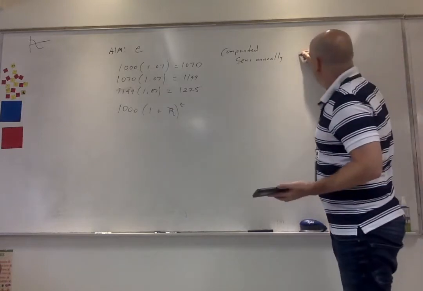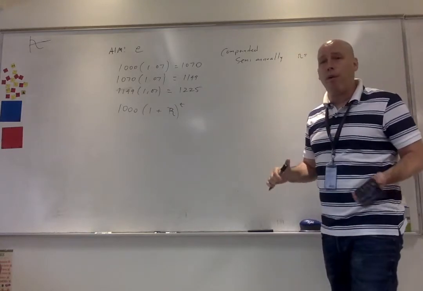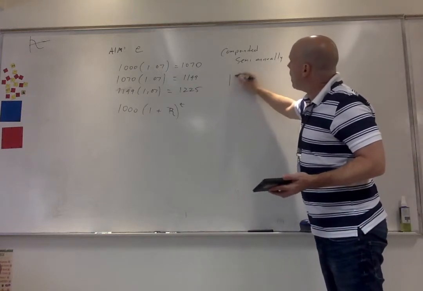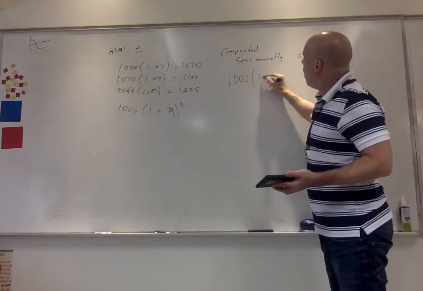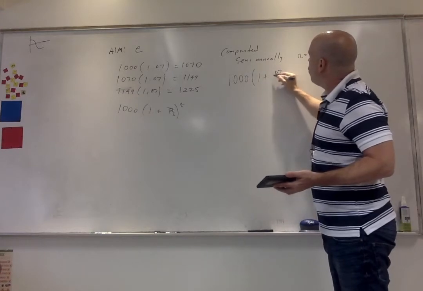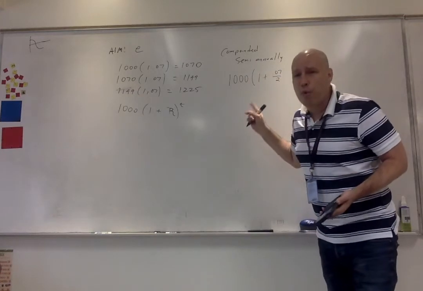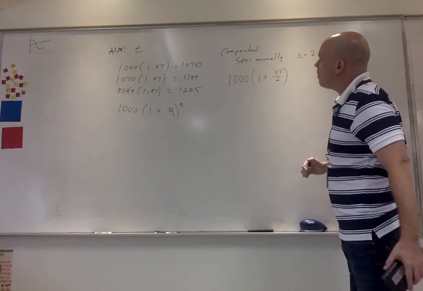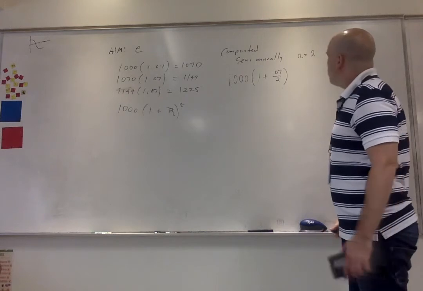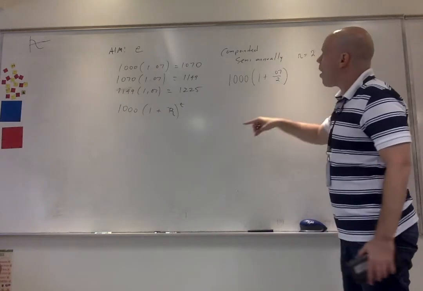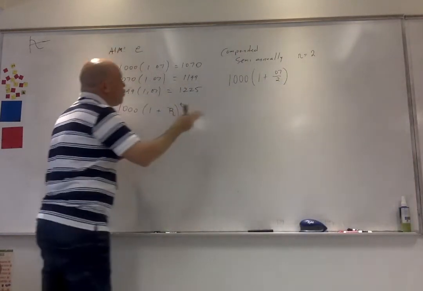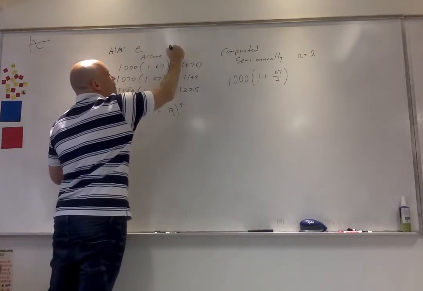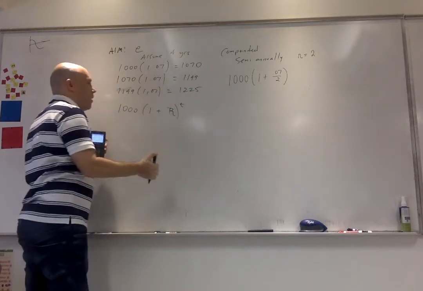So we're going to introduce a new variable, n. We're going to call it 2. So instead of doing 7%, we're going to do 3.5%, but we're going to do it twice a year. The original question assumed that we're looking to do this for 4 years, right?